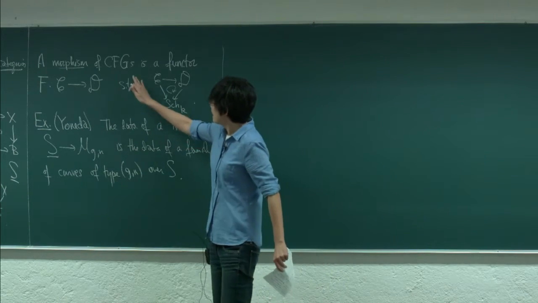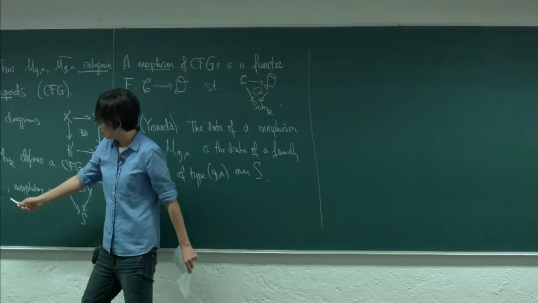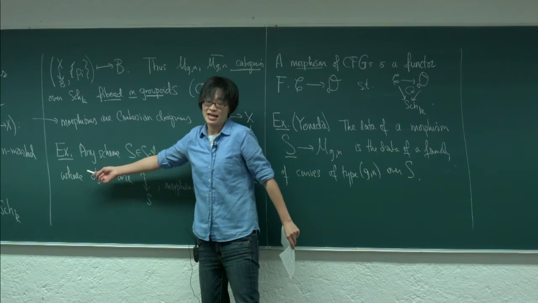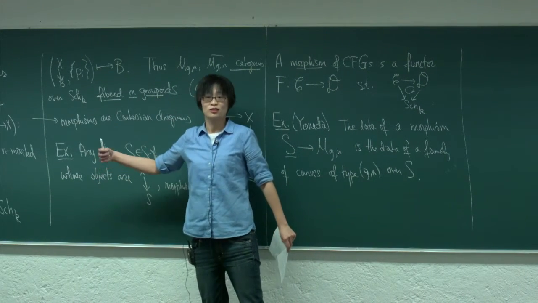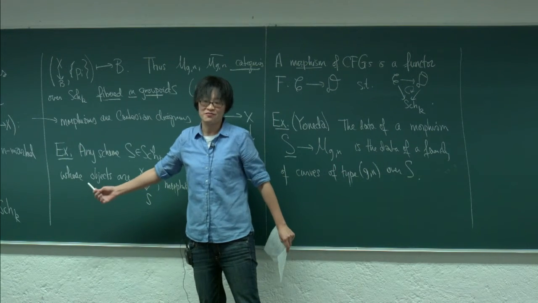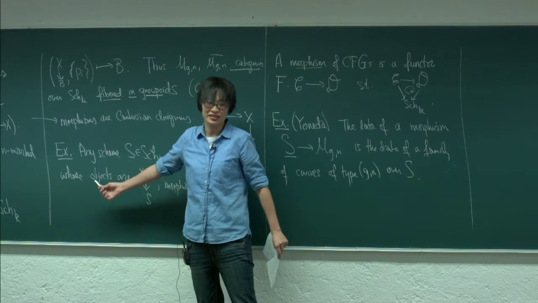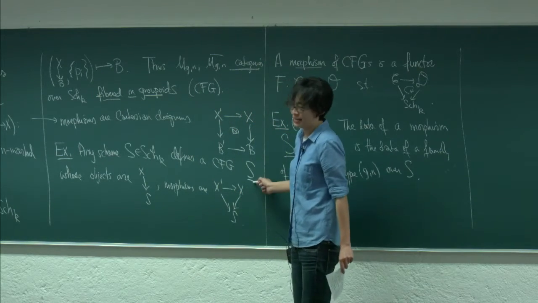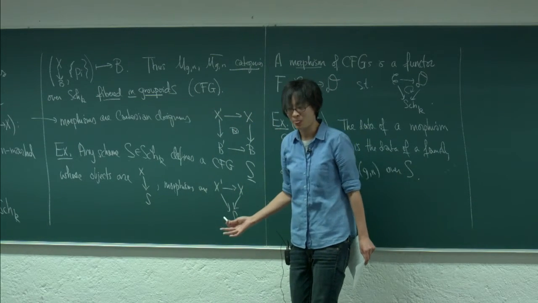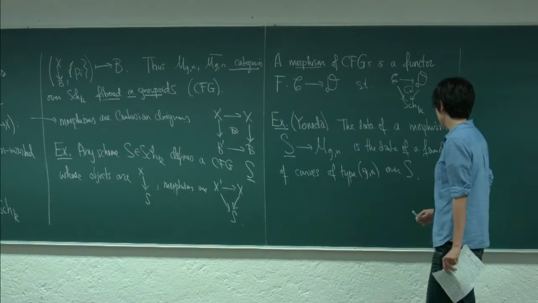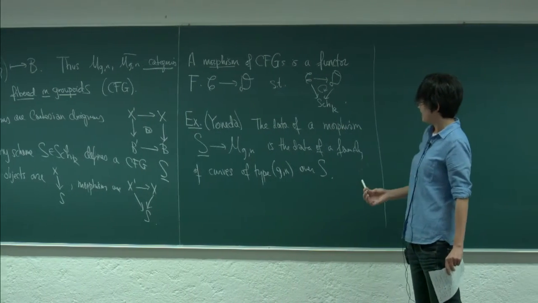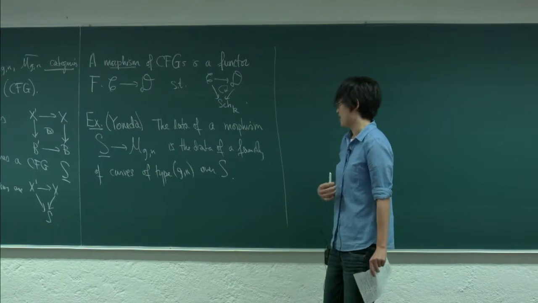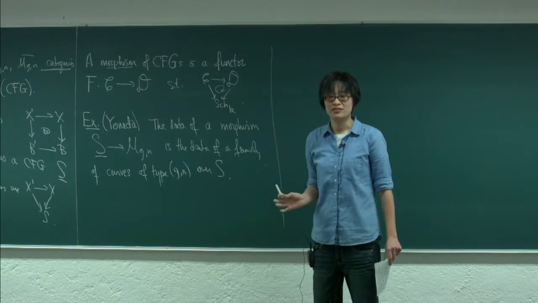You can see that through this example, our categories fibered in groupoids generalize, but they certainly include the theory of schemes, and in fact, they generalize the theory of schemes in the sense that not all CFGs are of the form S underline for some scheme S. So stacks, and in particular, Deligne-Mumford stacks, are CFGs that satisfy some extra geometric type conditions.